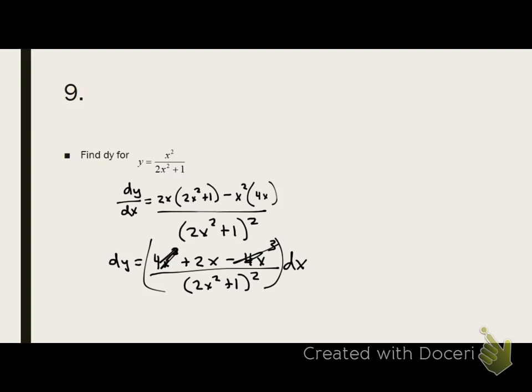You guys getting 2x over the quantity 2x plus 1 squared times dx?